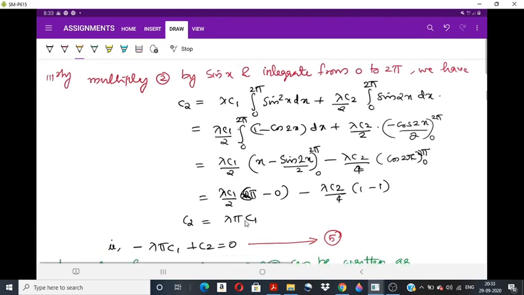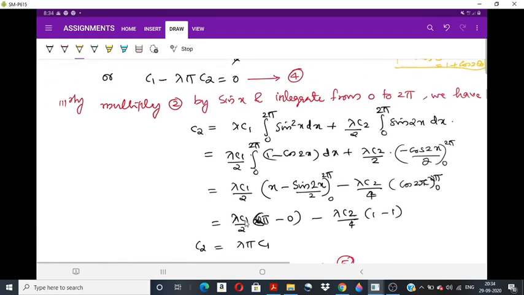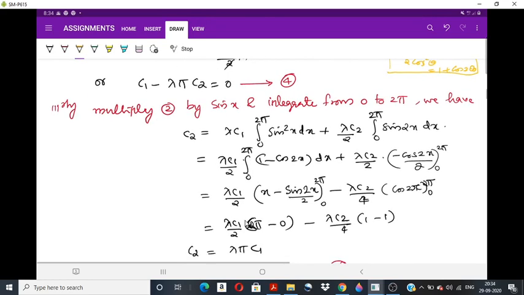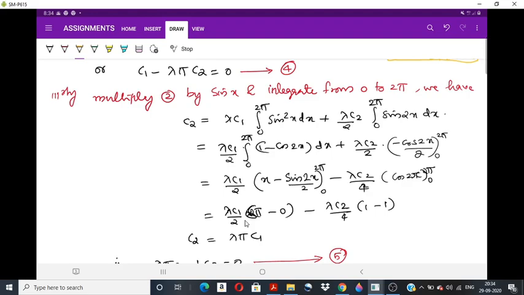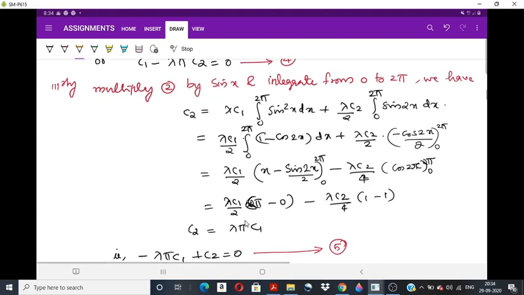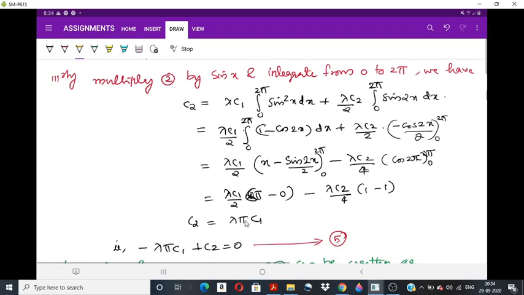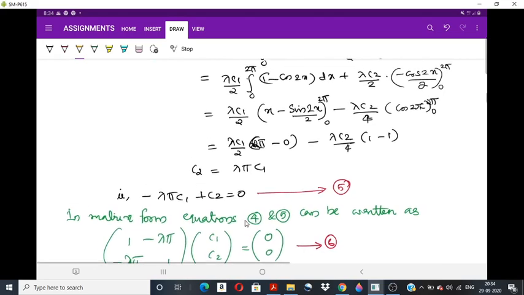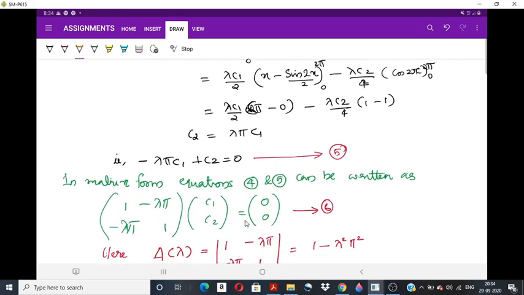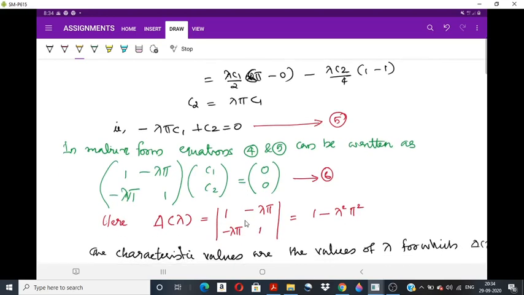We name the two equations as equation numbers 4 and 5. Now in equations 4 and 5, we have two linear equations in two unknowns C1 and C2. When we write this in matrix form, we have the equation AC equal to B form, where A is the matrix with first row 1, minus lambda pi, and second row minus lambda pi, 1, into column matrix C1, C2, equal to 0, 0.